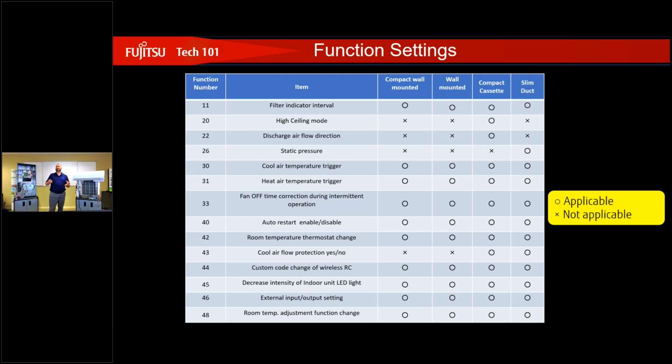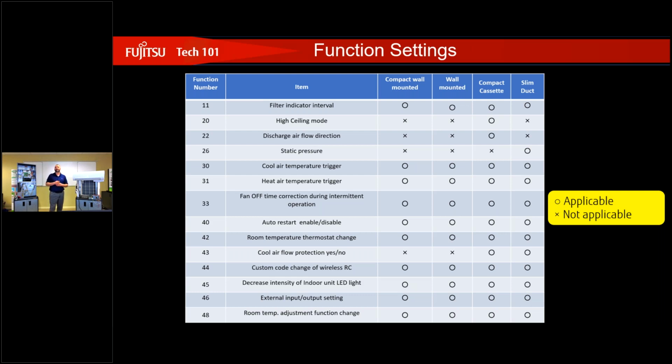We can change things, high ceiling mode, as I talked about before. If we have a unit that's mounted high on a wall and it's testing temperatures up there at 78 degrees, but down where the people are actually hanging out, it's 72 degrees, by setting that high ceiling mode, we now have the ability to change that setting there.